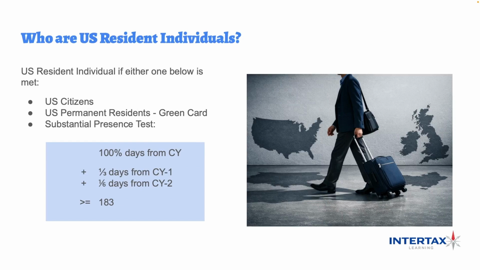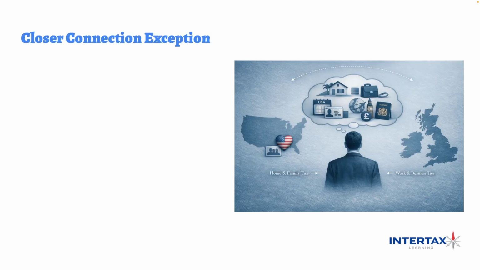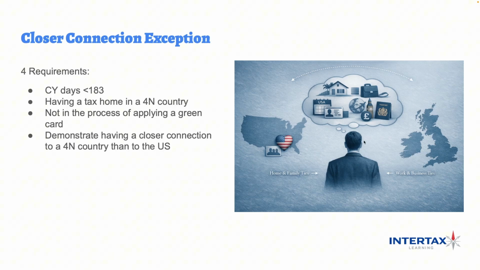Now, you may not want to be a U.S. tax resident if you're only here temporarily. Even if you pass the substantial presence test, you can still claim not being a U.S. tax resident if you meet all four of the closer connection requirements. First, your current year's stays in the U.S. are less than 183. Second, you have a tax home in a foreign country.